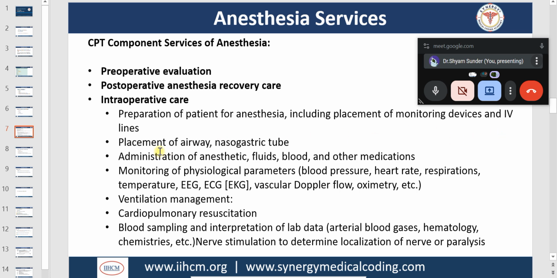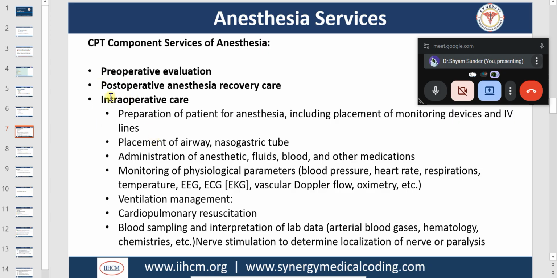He has to put the airway, nasogastric tube, administer all the injections. If it is required, blood transfusion, take the ECG, EKG, and if the patient is on ventilation, manage ventilation. If it's required, the CPR, take the blood samples. These are the routine works.